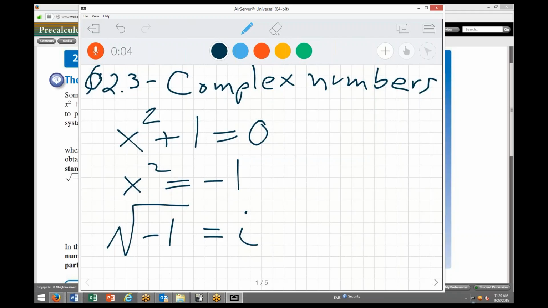So with our equation x squared equals negative 1, we see that x has to be either positive or negative the square root of negative 1.